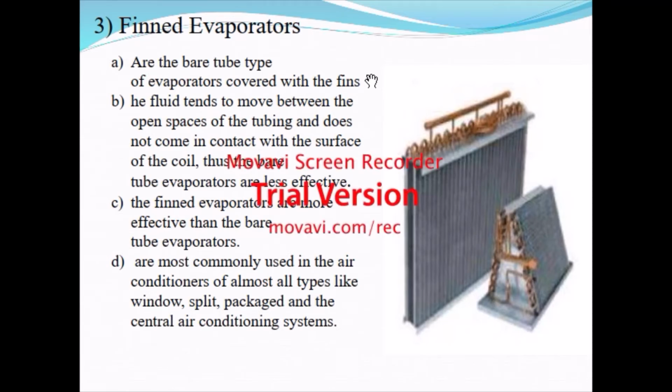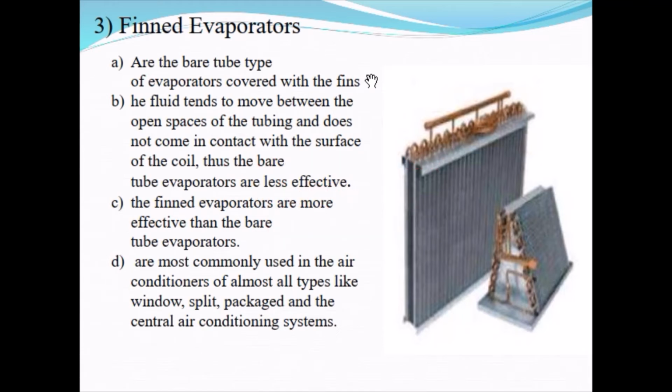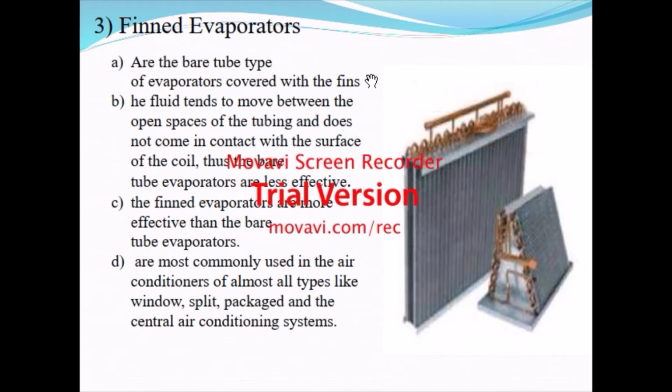And the finned evaporators are more effective than the bare tube evaporators, because there is full contact between the tube and fin. They are most commonly used in air conditioners of almost all types, like window, split, package, and central air conditioning systems. We will use this type.